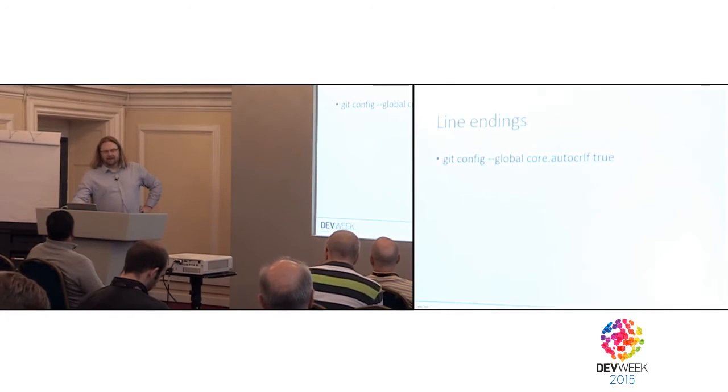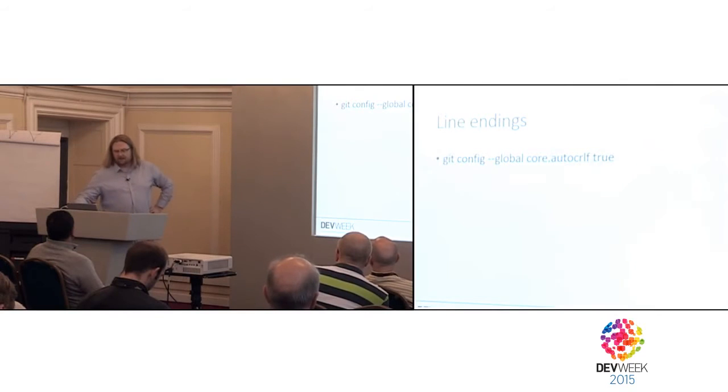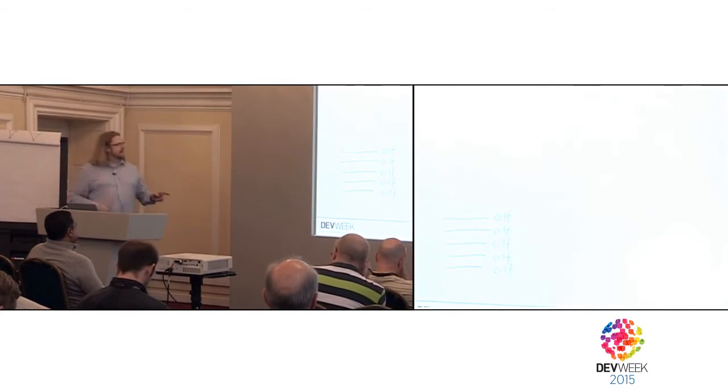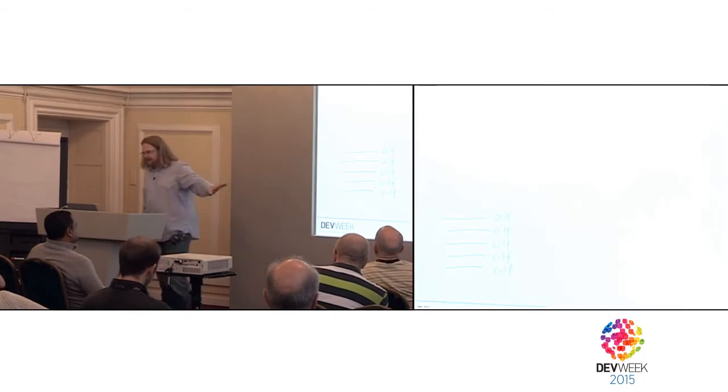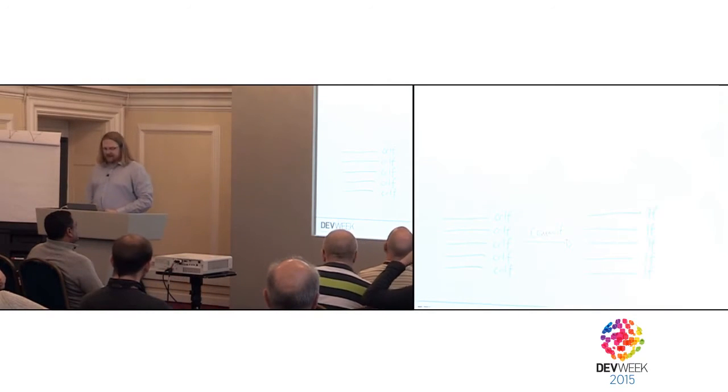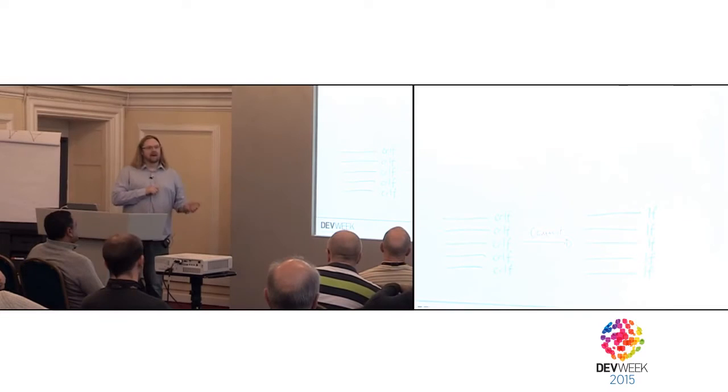Now, what Git will do is, if you've got a global setting with core.autocrlf set to true, and you've got a file in Windows land that ends in CRLFs, when it commits, it commits them with LF.